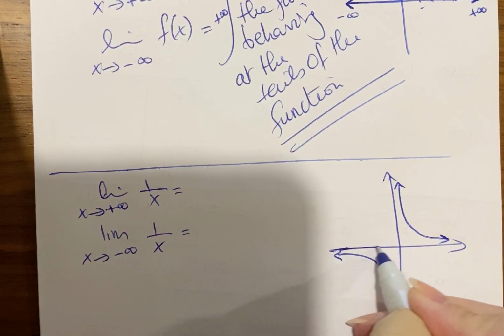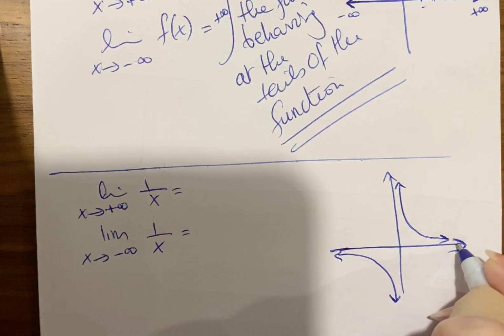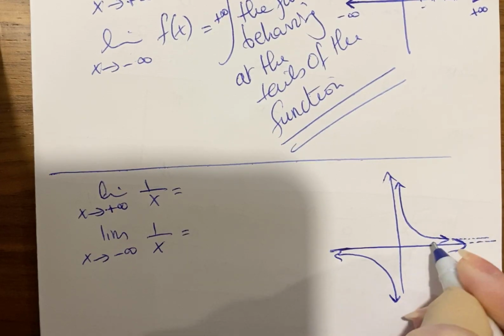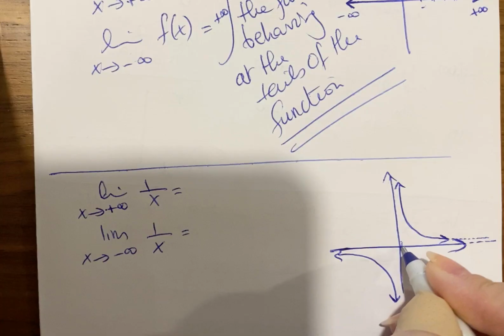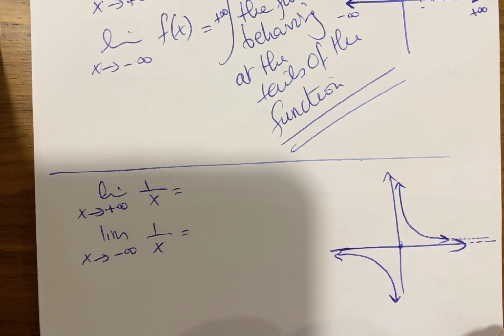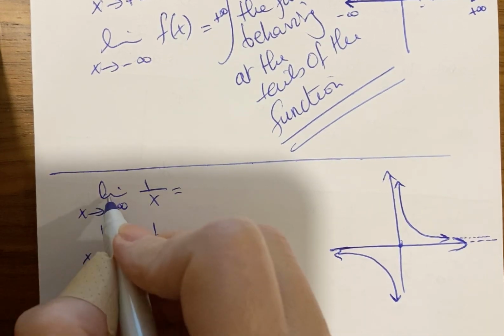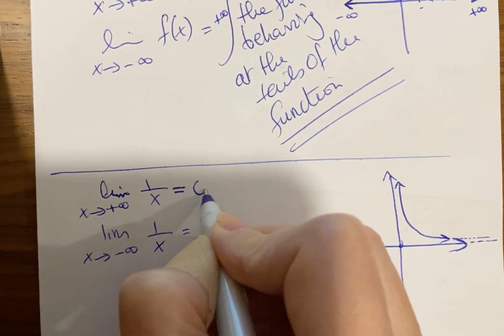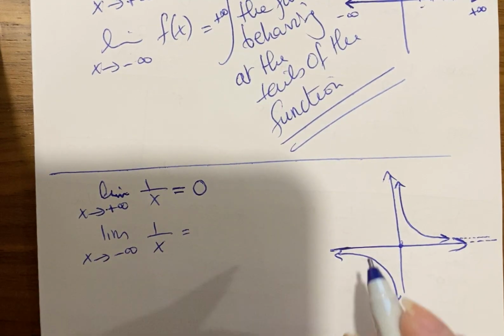As x goes to plus infinity, and as the x values increase and increase and increase, what is happening to the y values? They are decreasing all the way to how much? 0. But they never become 0 because 1 over x will never be equal to 0. But the limit means we are coming closer. We are not exactly equal. We are coming close to what number? To 0.